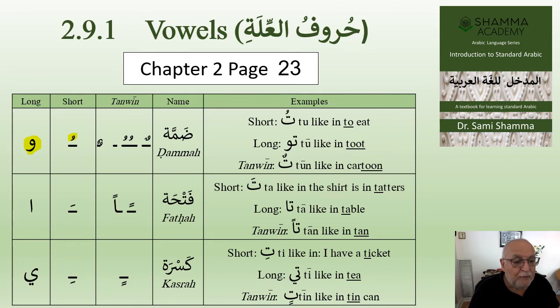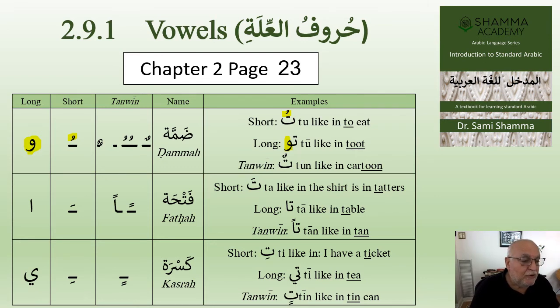So let's look at the 3 examples. A short one will be like you would say, I like to eat. It's not to eat, I like to eat. A long sound, oo sound, will be like two. So I'm actually spending money on a real vowel to make the sound long, like toot, toot.